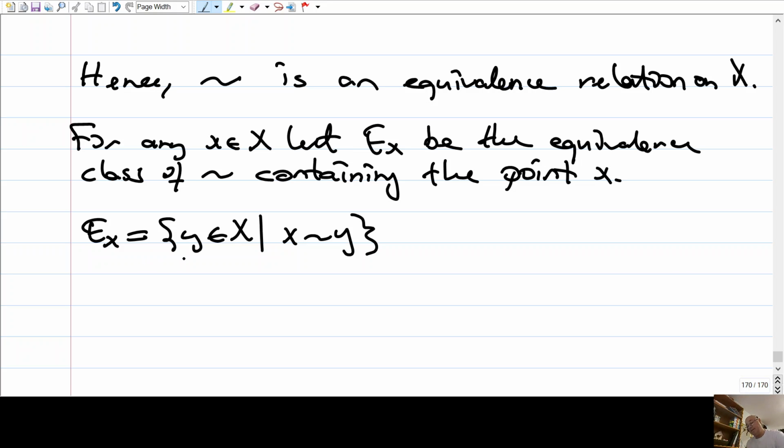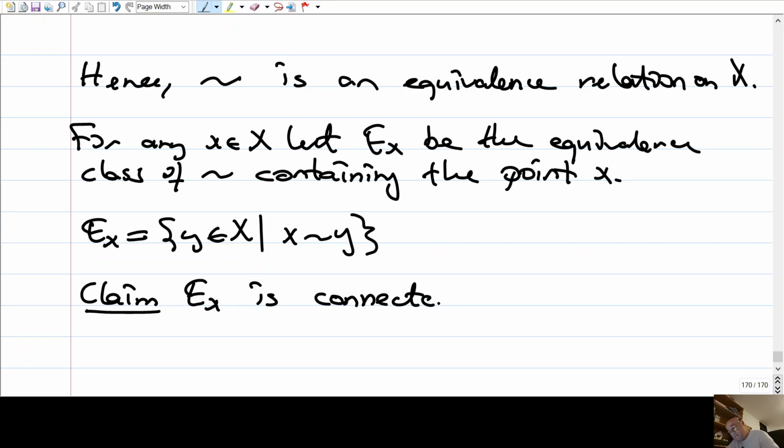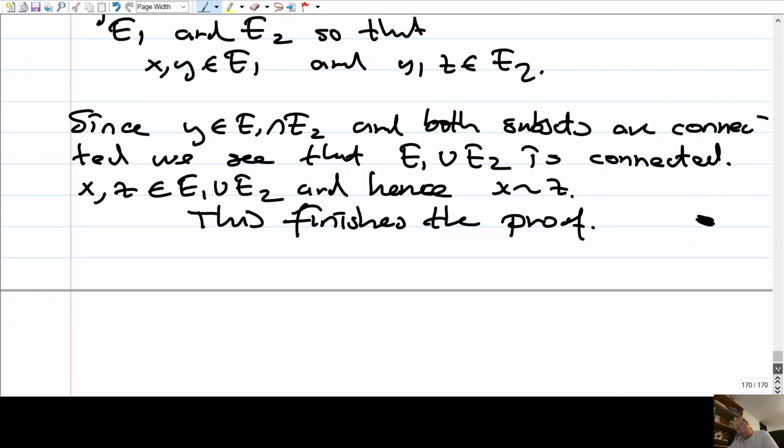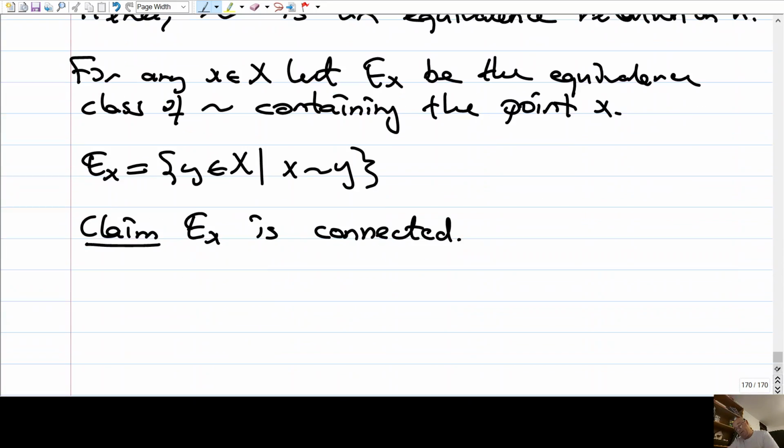This set clearly is connected. Why is that? Well, you see, this is my next claim: E_x is connected. Actually, the proof is exactly this thing, but let me just do it.